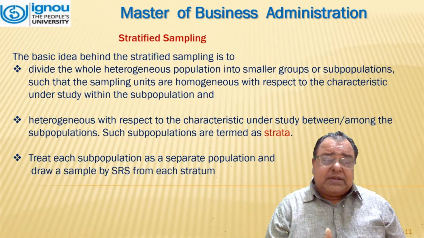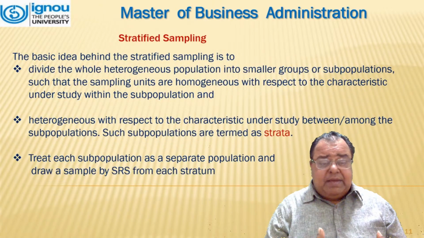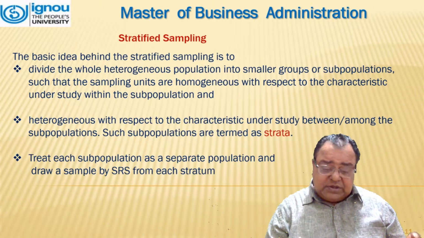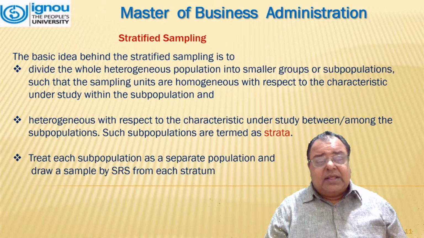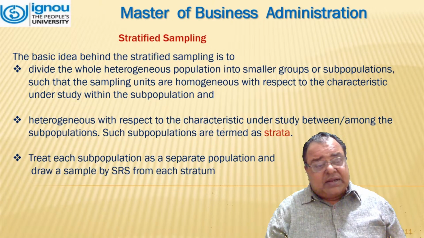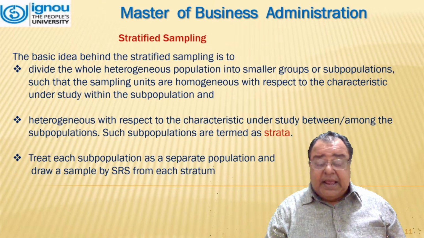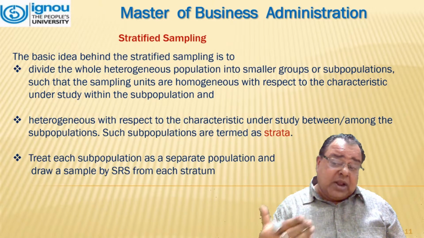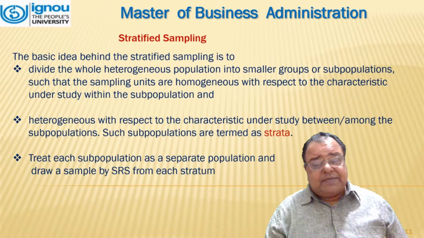Then comes stratified sampling. The basic idea behind stratified sampling is to divide the whole heterogeneous population into smaller groups of subpopulations such that the sampling units are homogeneous with respect to the characteristics under study within the subpopulation, and heterogeneous with respect to the characteristics under study between or among the subpopulations.